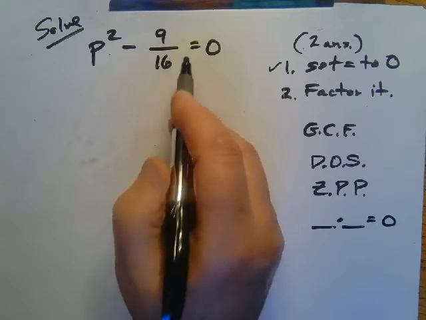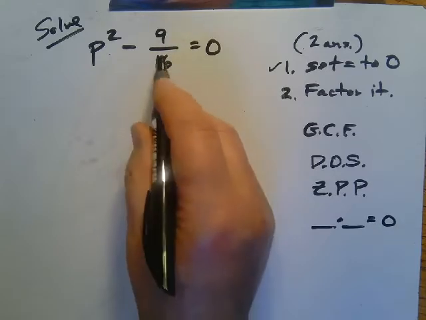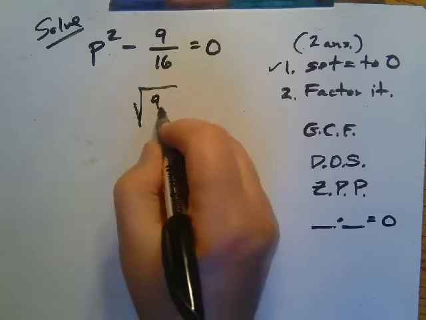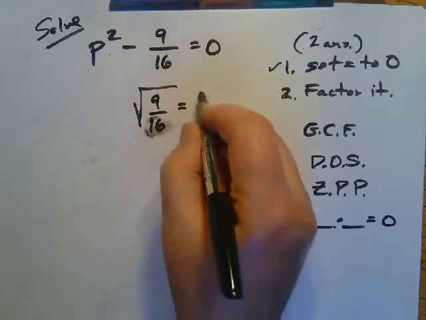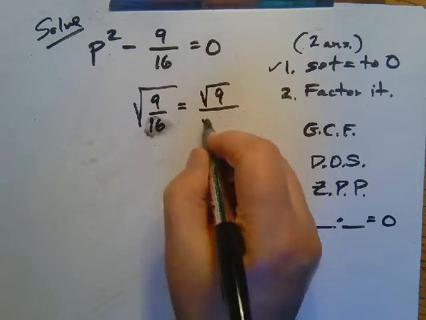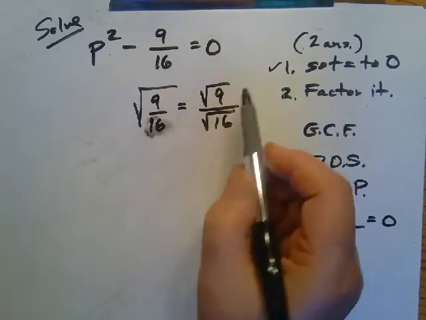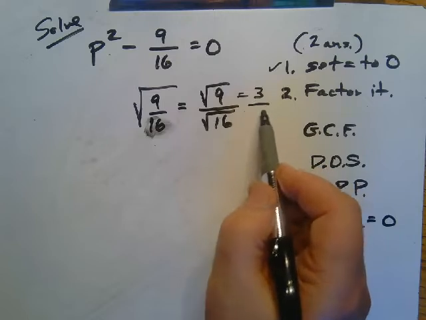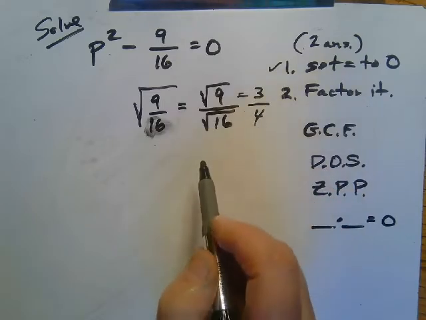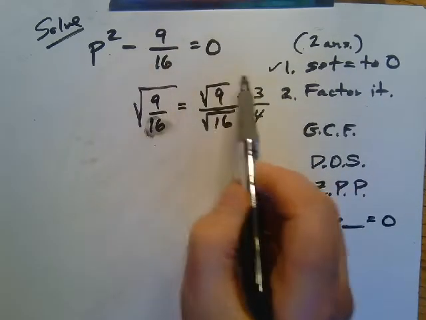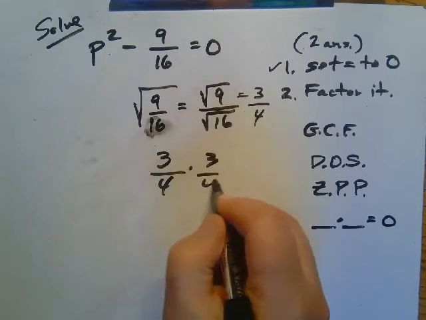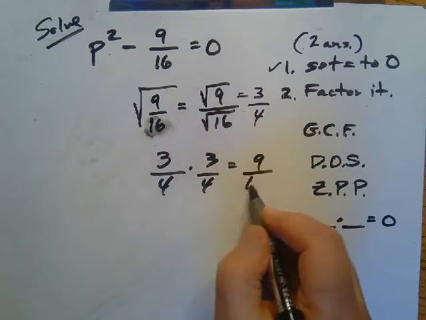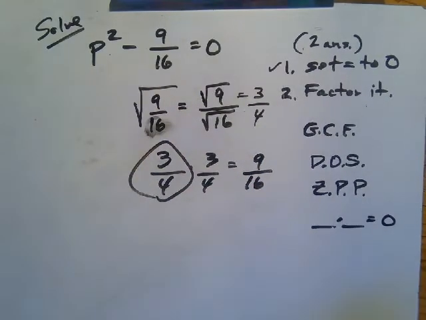Well, it turns out that the square root of 9/16 is the same as the square root of 9 over the square root of 16. Well, the square root of 9 is 3, and the square root of 16 is 4. So the square root of 9/16 is 3/4. That's true. 3/4 times 3/4 equals 9/16. Yeah, the square root of 9/16 is 3/4.